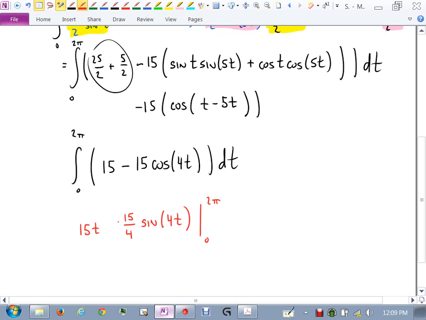Yeah, it should be minus, right? It's not going to matter, is it? This part's not going to matter? Because now plug in 2 pi. You get 0 for the sine part, right? So 30 pi is the answer. 30 pi.